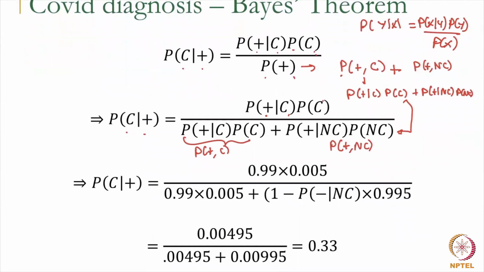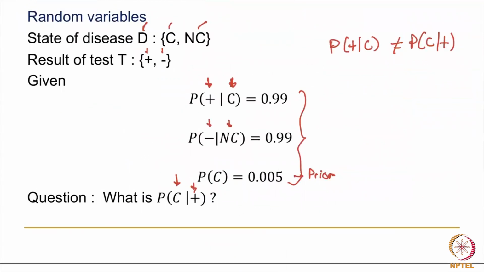P of plus given C was 0.99, P of C was 0.005, P of plus given COVID 0.99, this is 0.005, and P of positive given you had no COVID is 1 minus the probability that you had negative with no COVID. Okay, this should be straightforward. If I had no COVID, I would test positive 0.01 times.